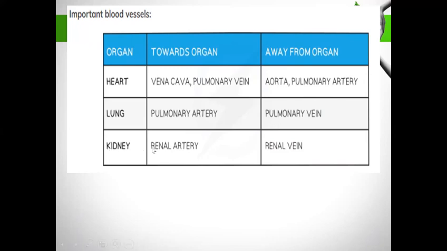Now see another, kidney: renal artery moves towards the kidney, and renal vein moves away from the kidney. So see, another definition: arteries are those blood vessels which move away from the heart, and veins are those blood vessels which move towards the heart.